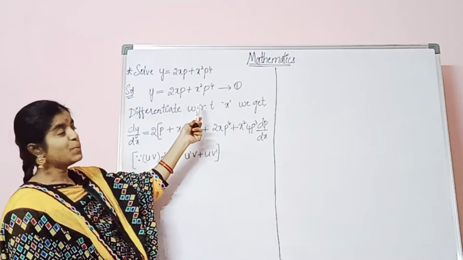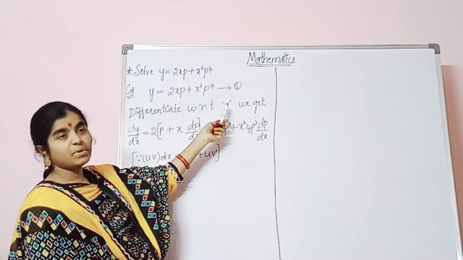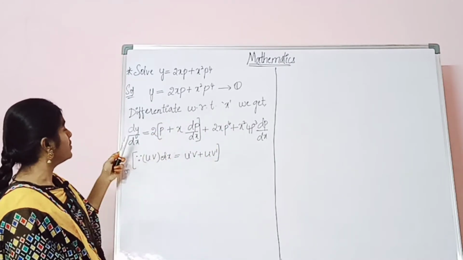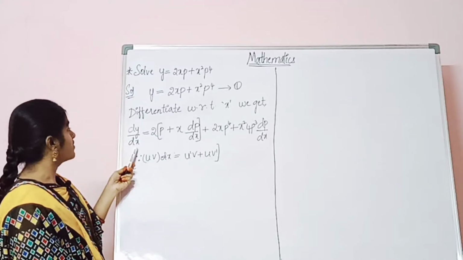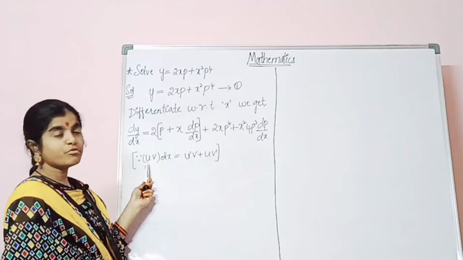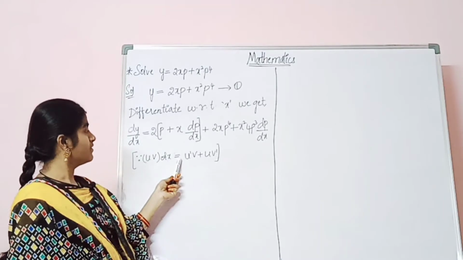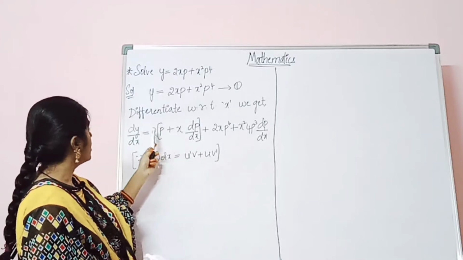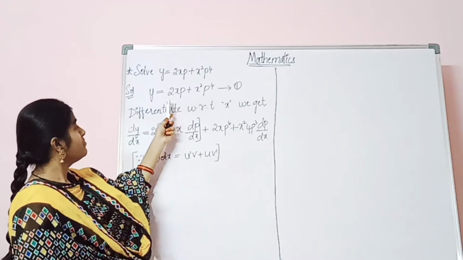Now differentiate equation 1 with respect to x. Then we get dy by dx equals, here we are applying the uv formula. What is the uv formula? d(uv)/dx equals u dash v plus u v dash.